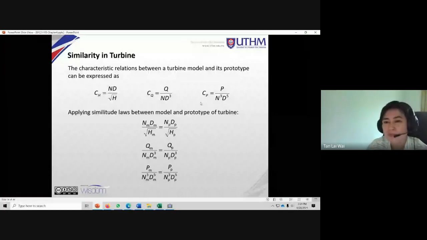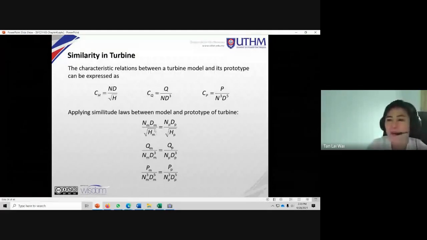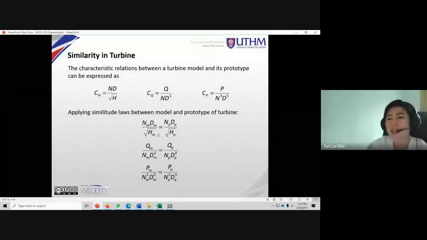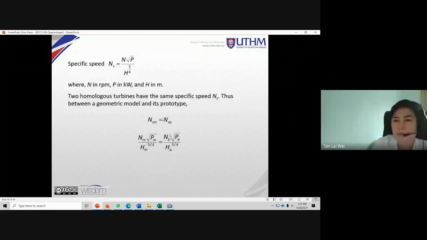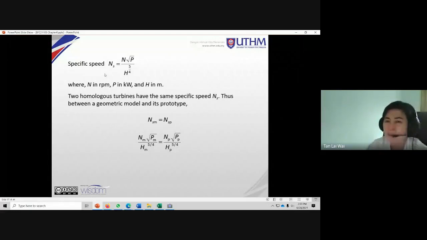How it works is the same. You are comparing between model and prototype, or any homologous turbines, A, B, or 1 and 2. Remember, there's a difference in the formulas for specific speed. Be careful.